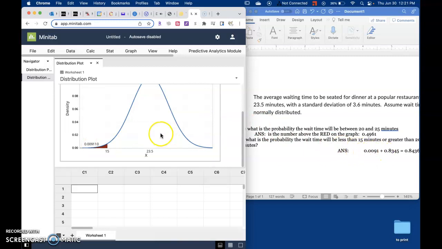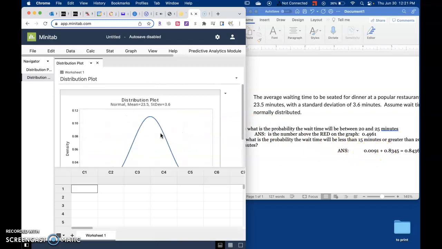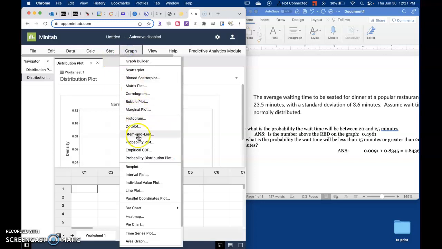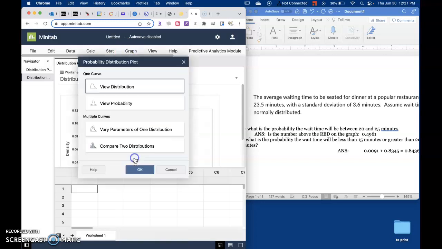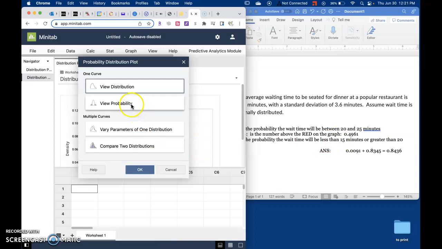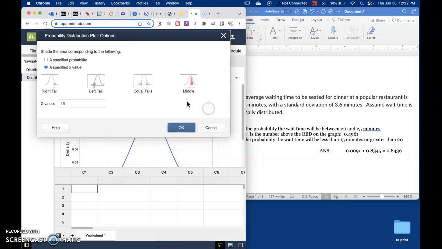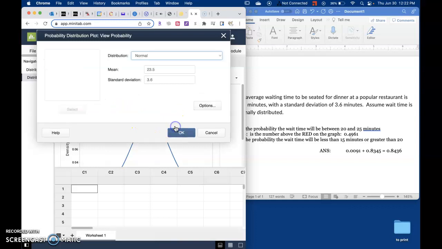And the probability of being less than 15 minutes is 0.0091. Here you go. And in addition to that, we also want to know what is the probability that it's greater than 20 minutes. So I'm going back to view probability, clicking OK. Options, and greater than, that's the right tail, greater than 20 minutes. And we're just going to add that to what we already have.